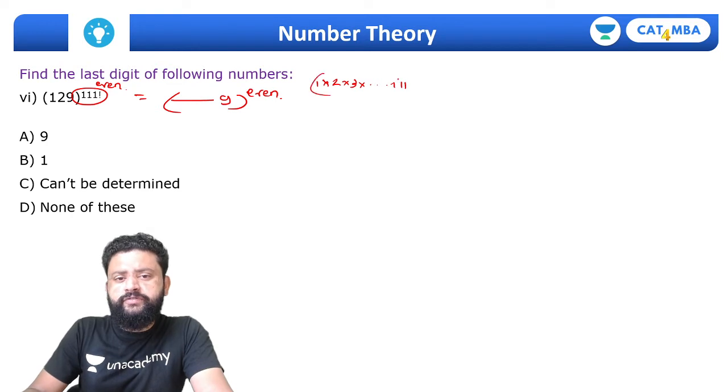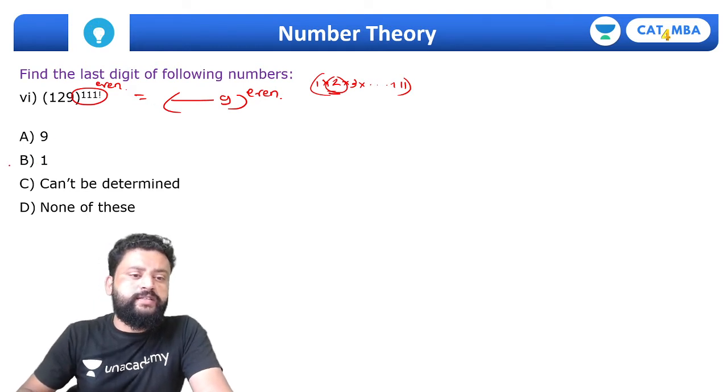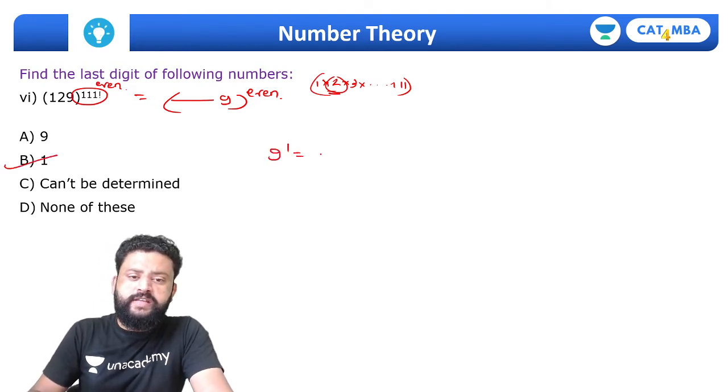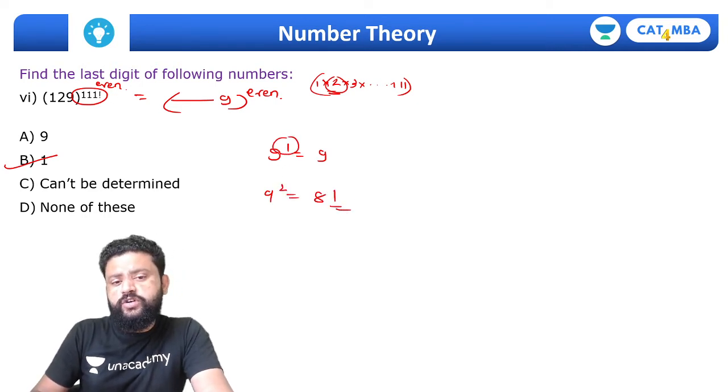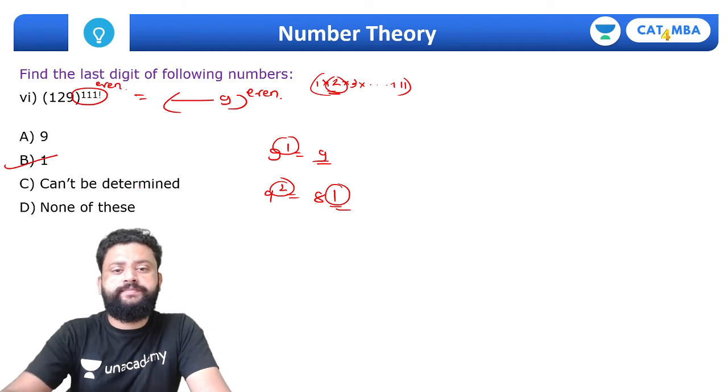This number will definitely be an even number because here is into 2. Right, so even number अगर है तो तुम्हारा आंसर क्या आना चाहिए 1 because 9 to the power 1 is 9 and 9 square ends with 81. So for 9 the rule is if it is odd power of 9 it will end with 9, and if it is even power of 9 that will surely end with 1.